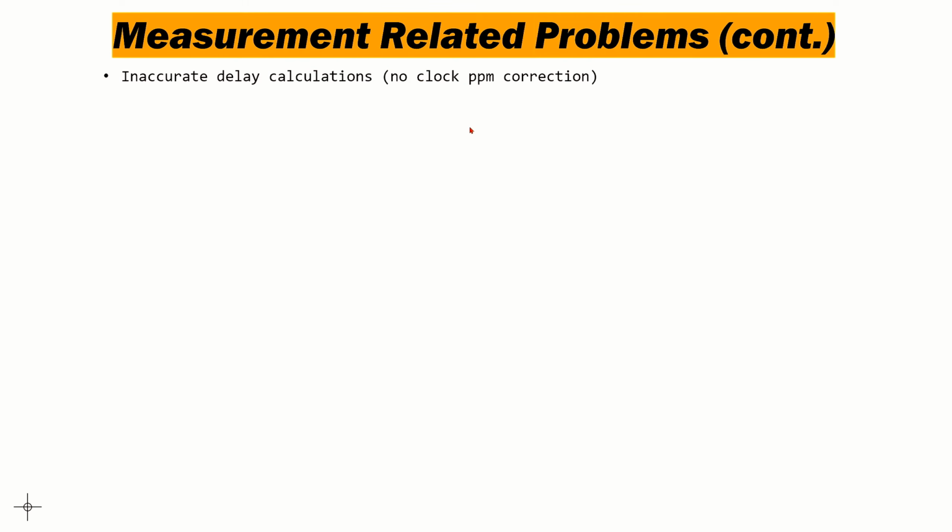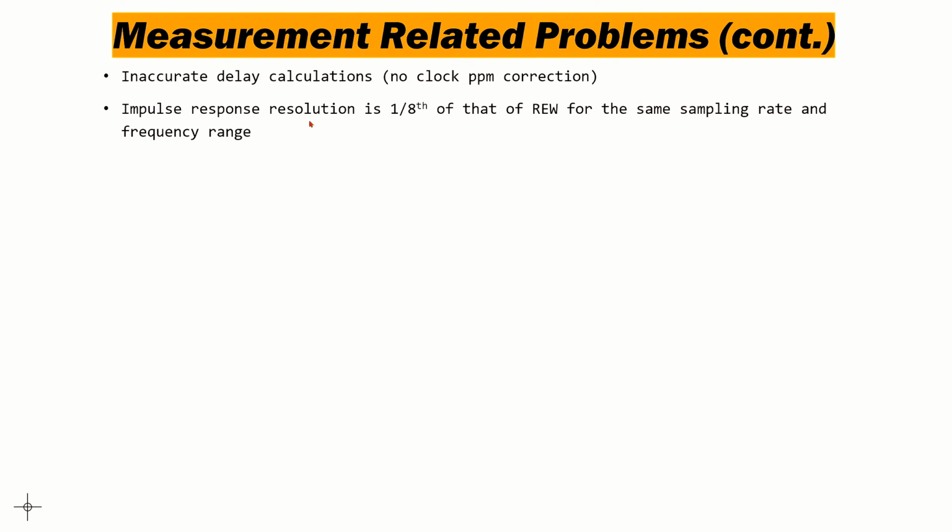That's why it can never get the speaker distances right. Impulse response resolution for the same sampling frequency, 48 kHz, and for the same frequency range from 0 to 24,000, is 1/8 of what REW does. 16K versus 128K. That's the resolution of the impulse response Odyssey measures.